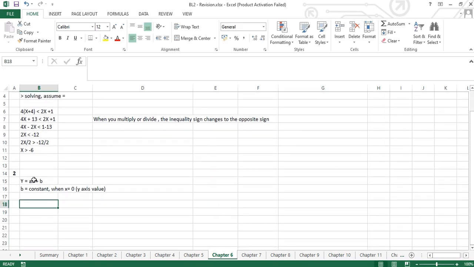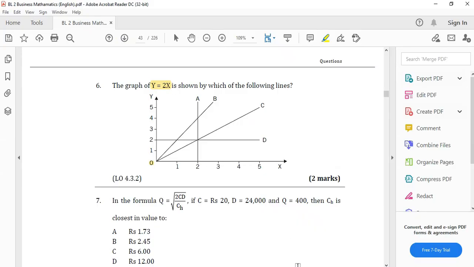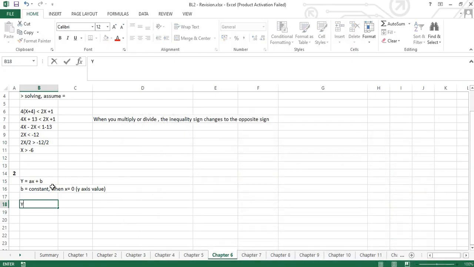Here, if we are to substitute the value, the line equation they gave, y equal to 2x, it means a is number 2 and x is x as it is, but they didn't give anything else. That means b is equal to 0.